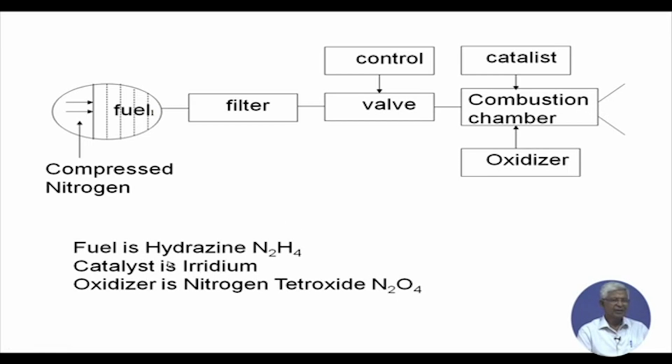Generally this fuel is hydrazine, the chemical compound N2H4, and the catalyst is iridium and the oxidizer is nitrogen tetroxide. This is a typical arrangement. There may be many other combinations.